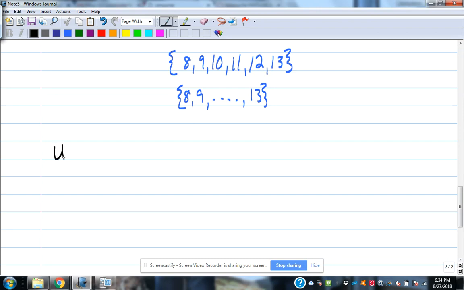So, universal set. Anytime it talks about a universal set for a problem, it's talking about everything in the discussion.